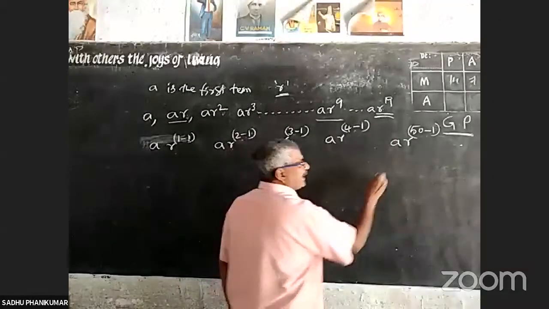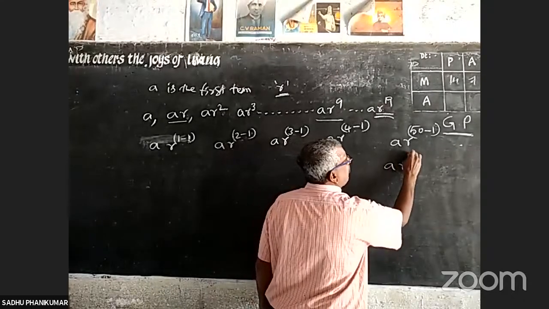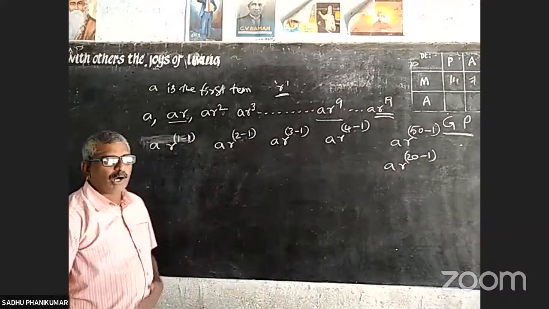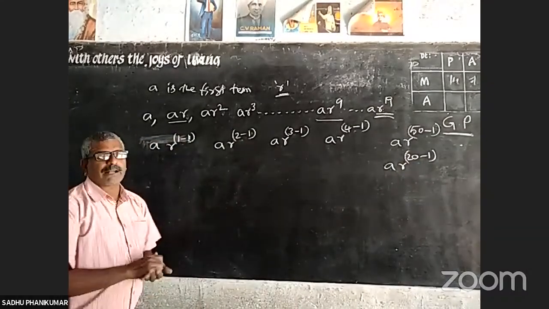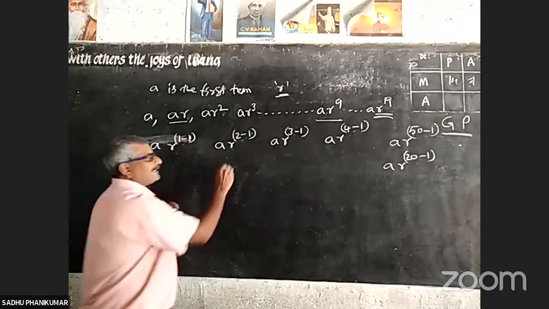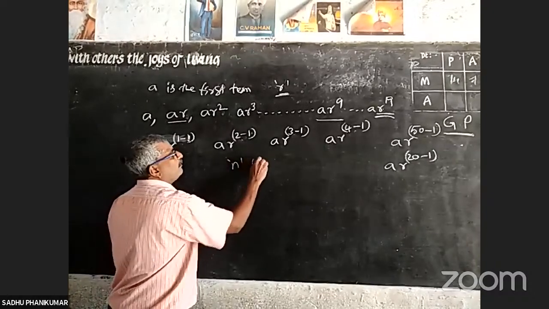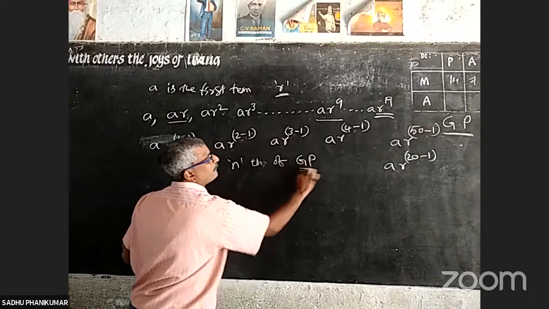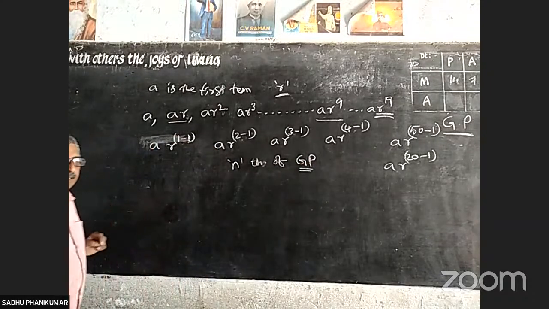Suppose it is the 20th term, the number is 20: A R power 20 minus 1. Now, by observing this, I am getting a general formula, that is the nth term of GP.